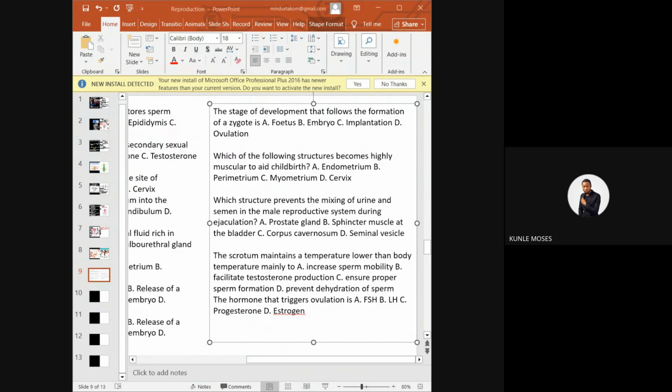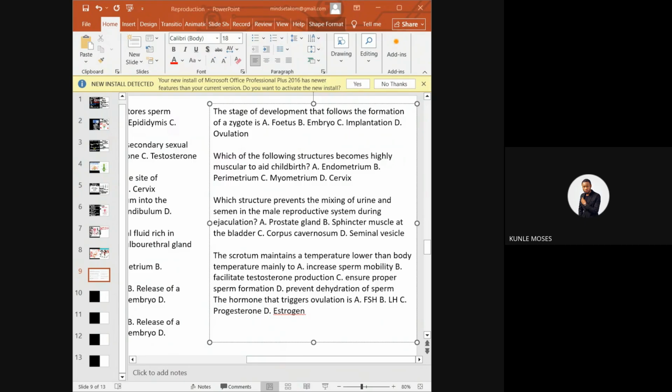Then the main function of the prostate gland is what? Do you remember the prostate gland? I gave you two glands, the prostate and the bulbourethral, and they almost act the same.